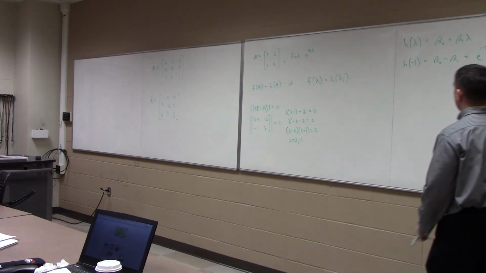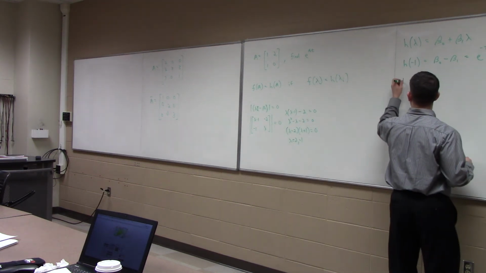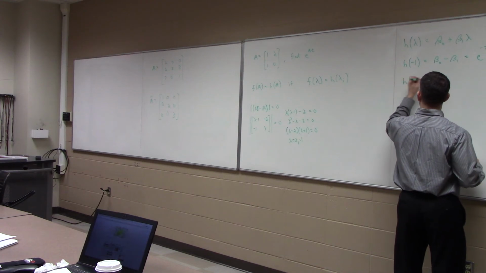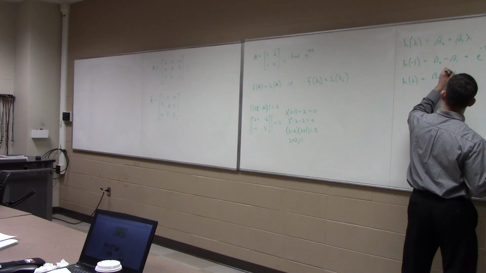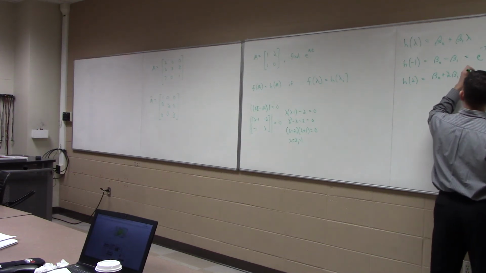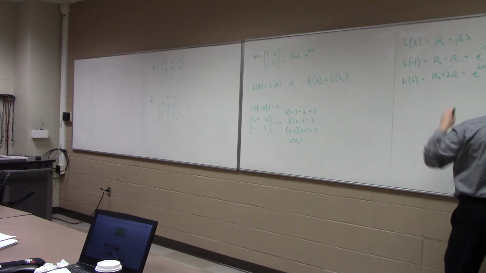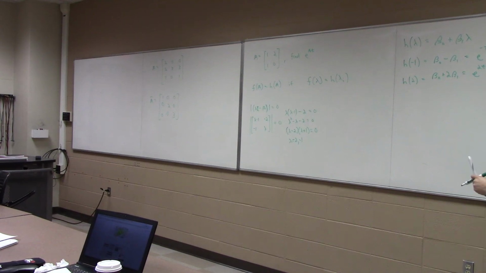Okay. So h of 2 is equal to beta 0 plus 2 beta 1. And that's equal to e to the 2t. And so now we've got 2 equations and 2 unknowns, we can solve for beta 0 and beta 1.